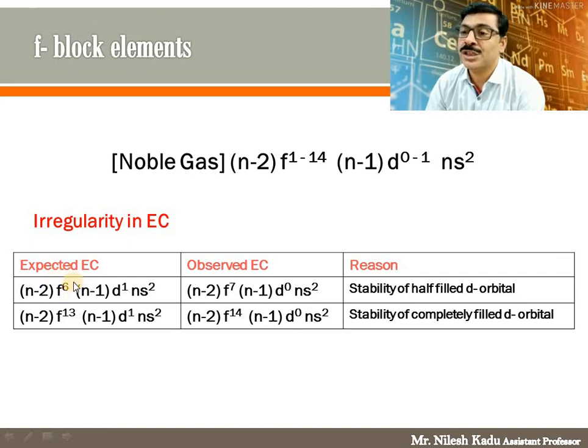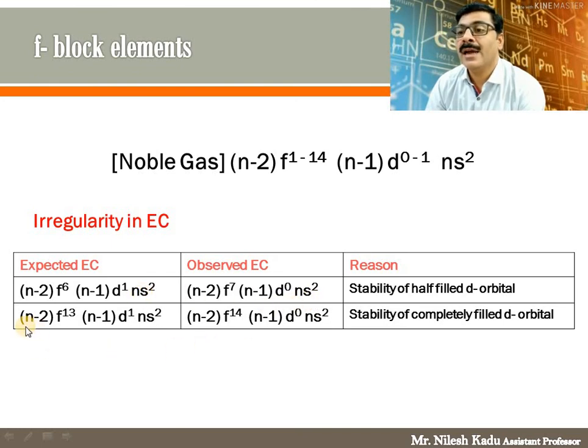So here the jumping of an electron from the d orbital takes place, means f6 is converted into f7 and d1 is converted into d0, and ns2 is as it is. This is the first irregularity.